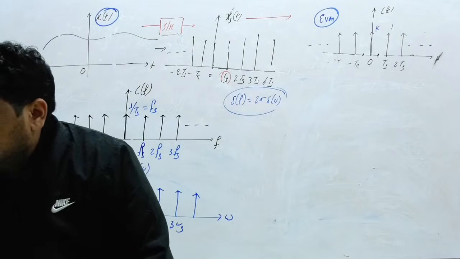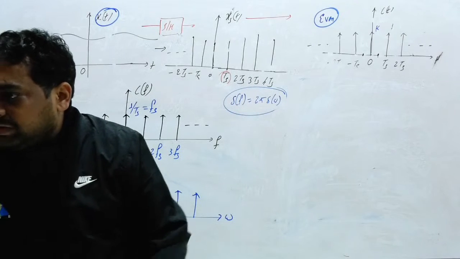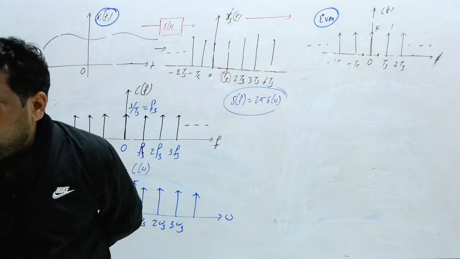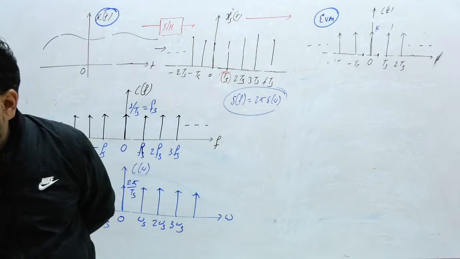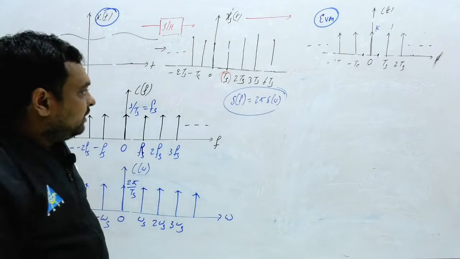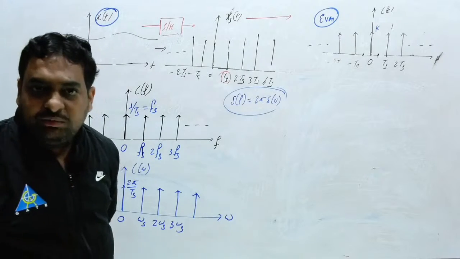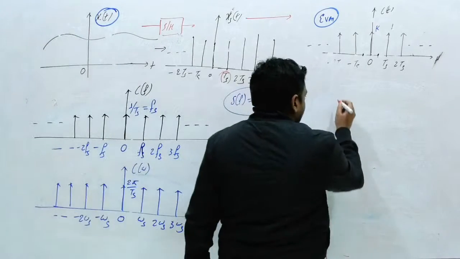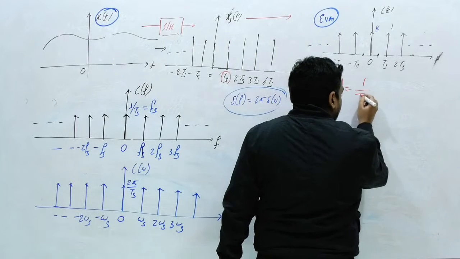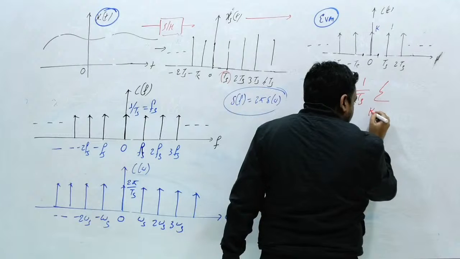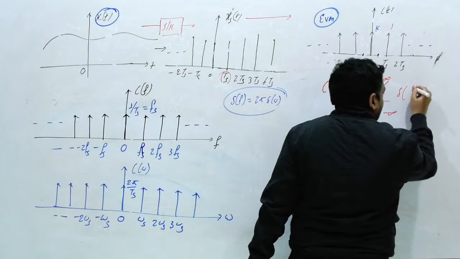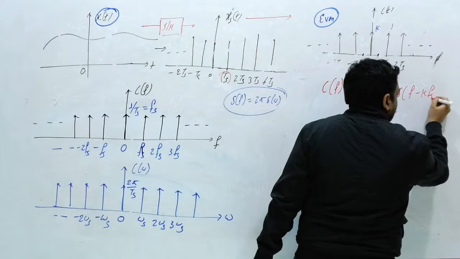Okay, you are asking, sir, in C(omega), K omega s, yeah, that is omega minus K omega s. It will be omega minus K omega s. Okay. So again I am going to write, C(f) will be 1 upon Ts summation of K equal to minus infinity to infinity del f minus K times Fs.